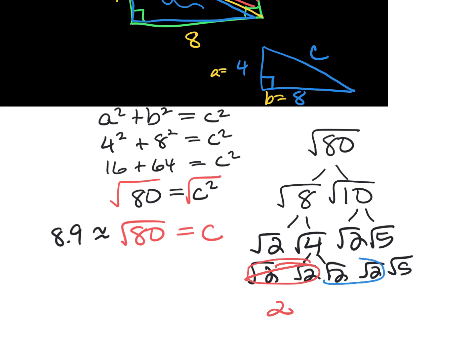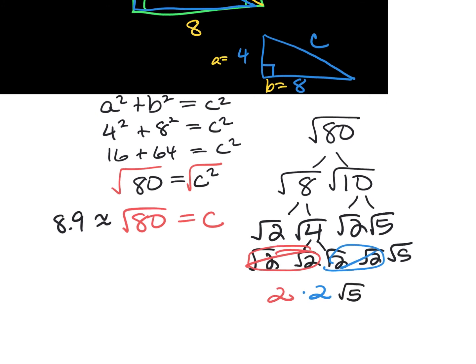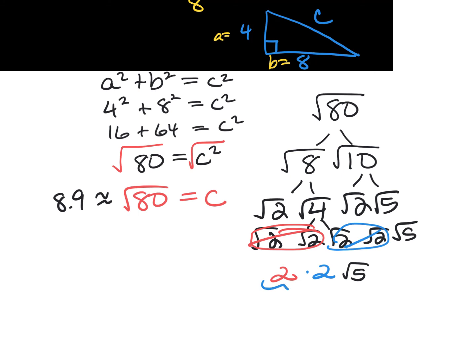I can make another pair of 2's. Another 2 comes out. And then the 5 has no pair, so he stays underneath. Multiply everything that came out, so 2 times 2 is 4, and then leave the square root of 5. So the answer you would enter on Big Ideas, if it doesn't say to round, would be 4 radical 5. If it says round to the tenths place, then you enter 8.9.